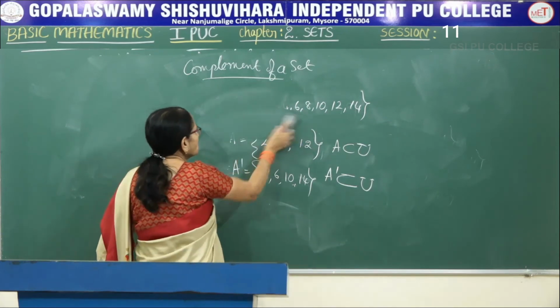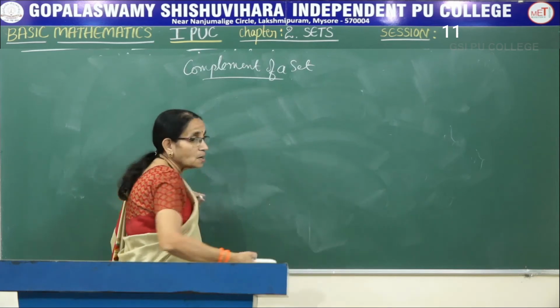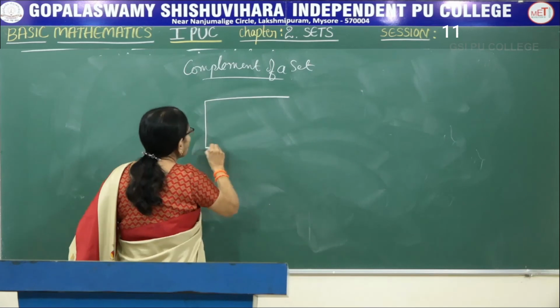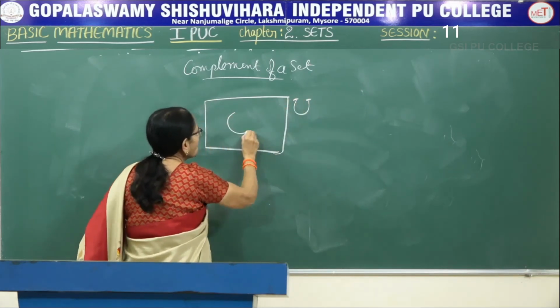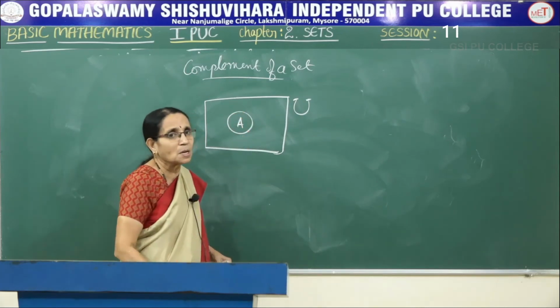Now using the Venn diagram, let us see how we can represent that. Let me consider this to be the universal set U. Now let me take A here. A is a subset of U; I am not writing any elements here.